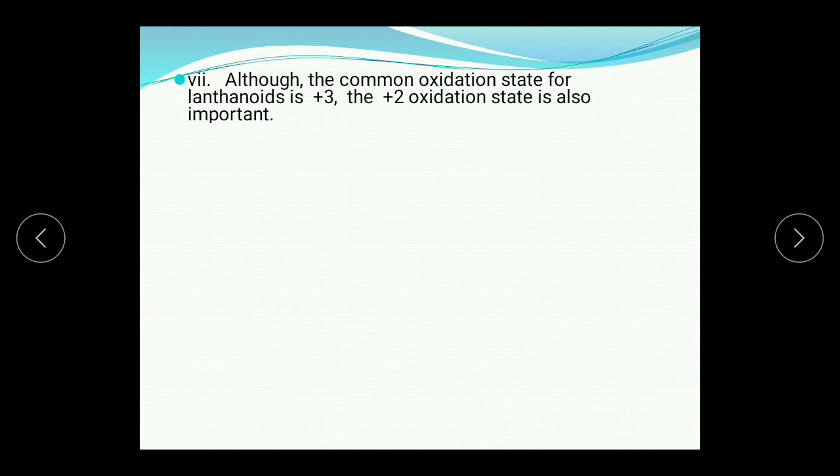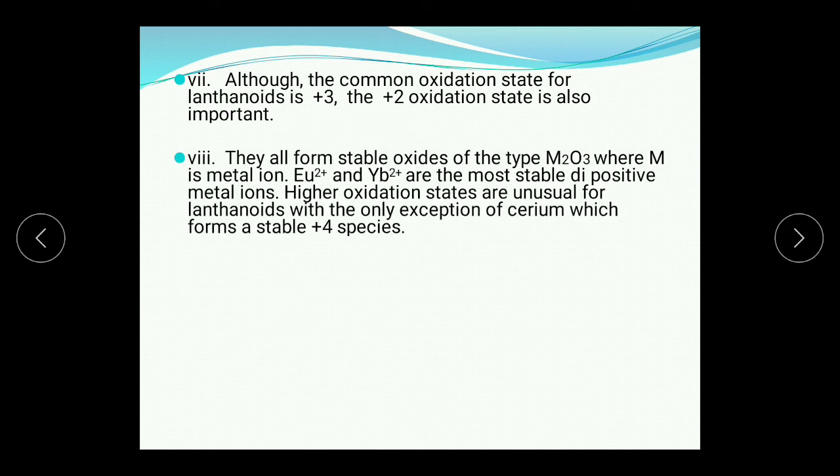So plus 3 oxidation state is common for lanthanides, but sometimes they can show plus 2 oxidation state as well. That means only the last shell electrons in the s subshell are donated. Hence, the common oxidation state shown by lanthanides is plus 3, but sometimes they also show plus 2.